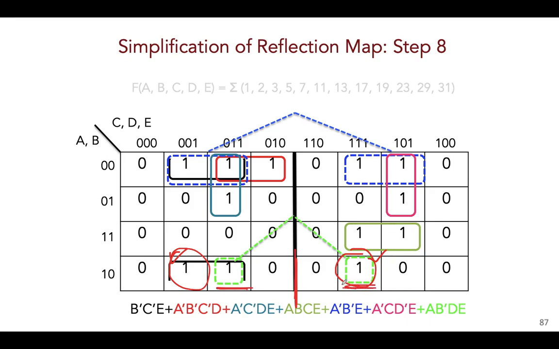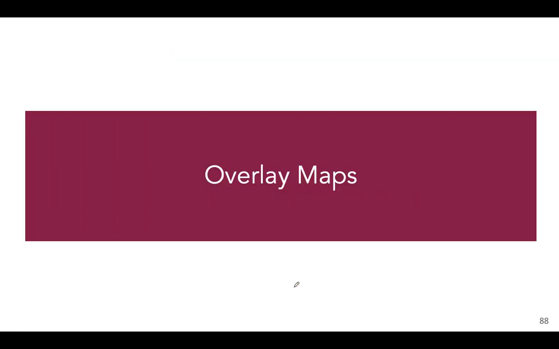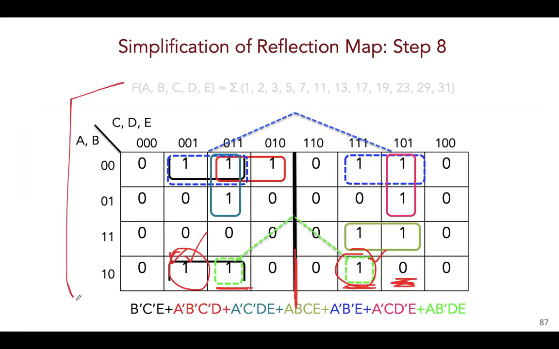And this would have been adjacent to this. If there was a 1 here, then we could have made a group of these 2 ones. So you have to be very careful. Think of this central line as the mirror, and you have to imagine how a mirror works. So this is the final answer. And again, depending on which groups you're forming, your final solution could be different.